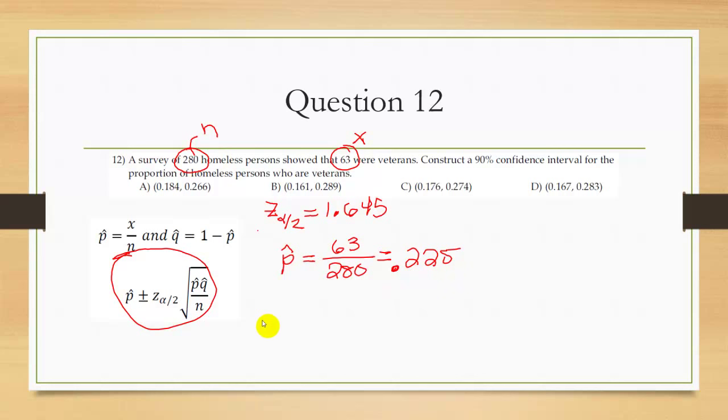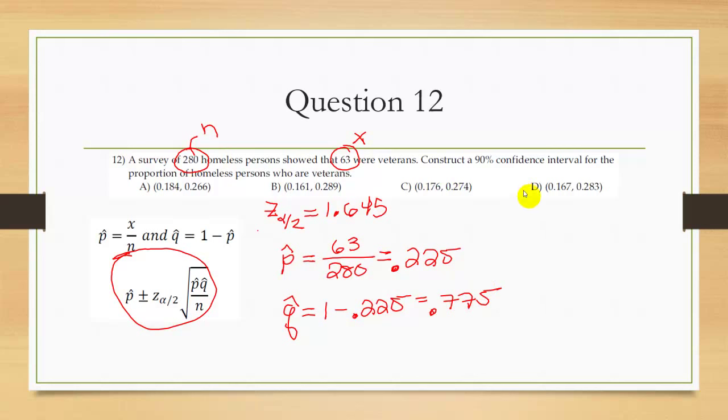All right, so our confidence interval is going to be, oh, and by the way, if p hat is 0.225, that means q hat is just 1 minus that. So 1 minus 0.225 gives me 0.775. So I need that in my formula as well.